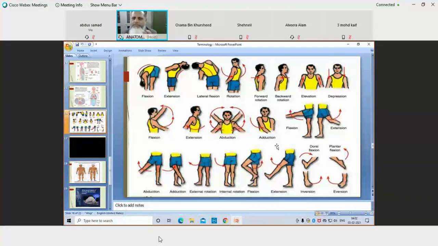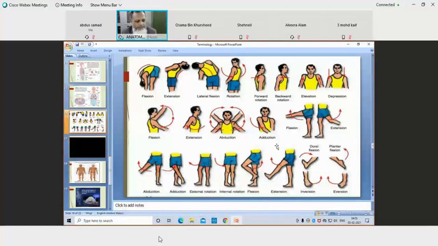In videos of the anatomical movements, there will be all types, and on your own you should try to explain the movement that is occurring at different types of joints you are aware of. You can explain which type of movement it is: flexion, extension, sliding, or what it is. Then the next type of movement is rotational movement.